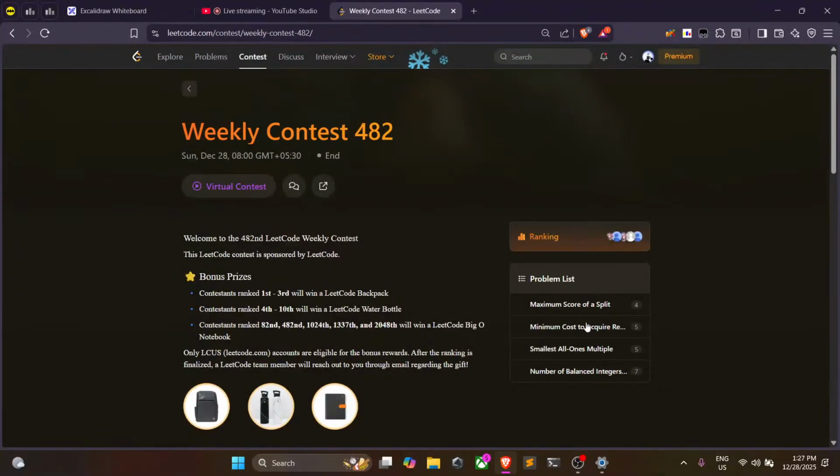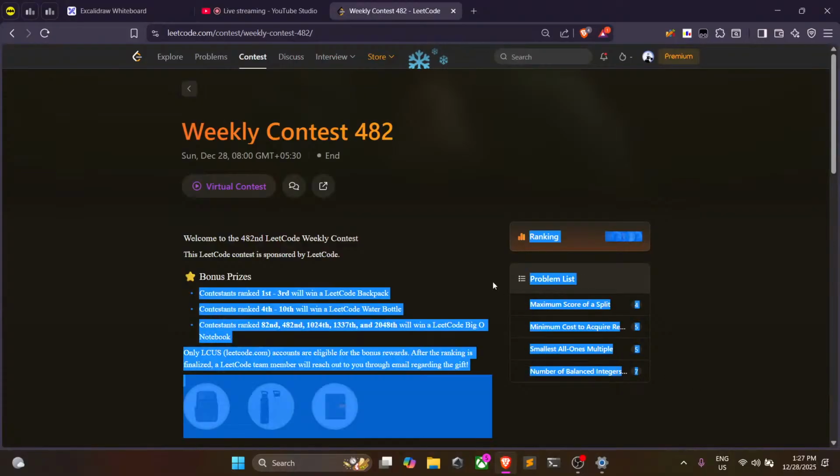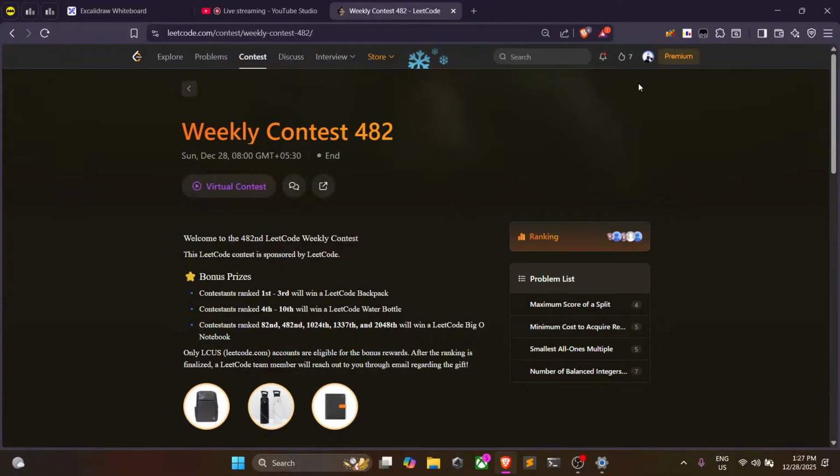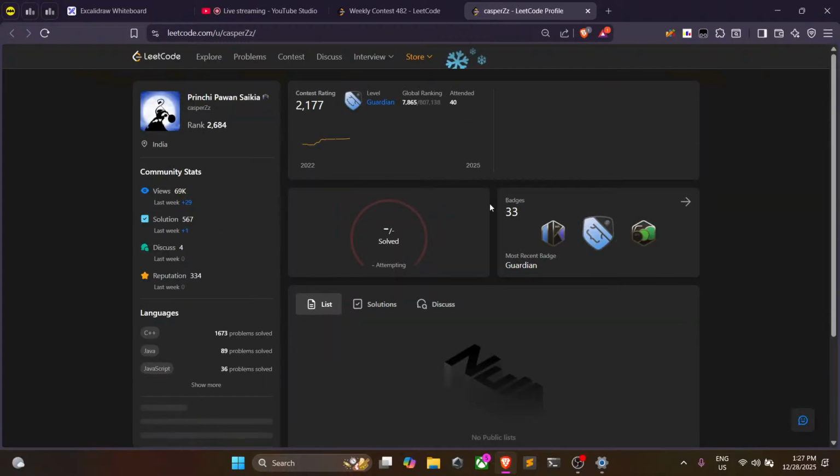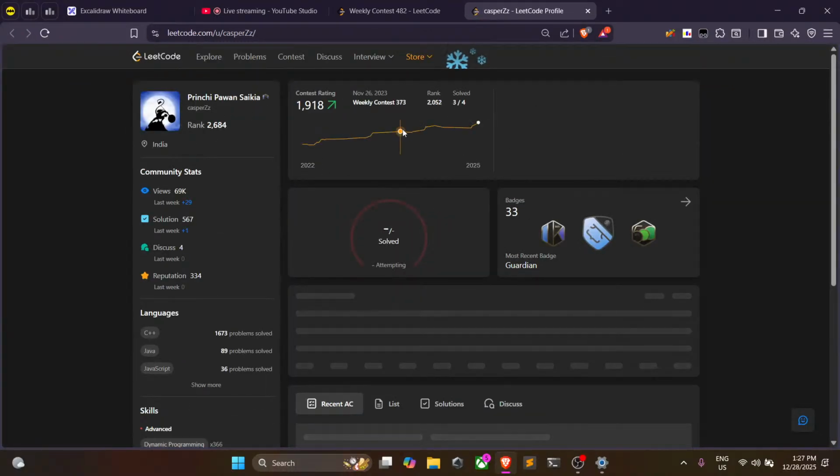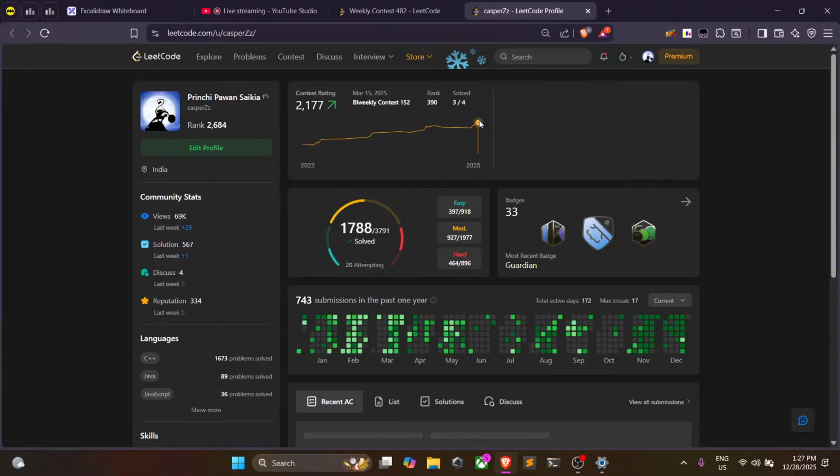I'm not sure whether I'm able to solve all the four because, as you can see, I'm a Guardian, but I attempted in late March this year. So it's been a couple of months since I have done this.